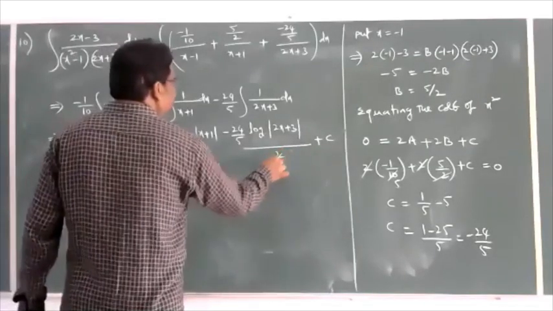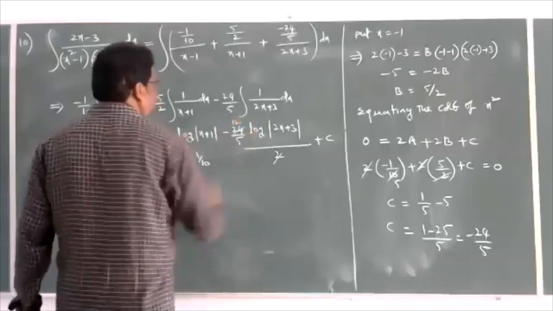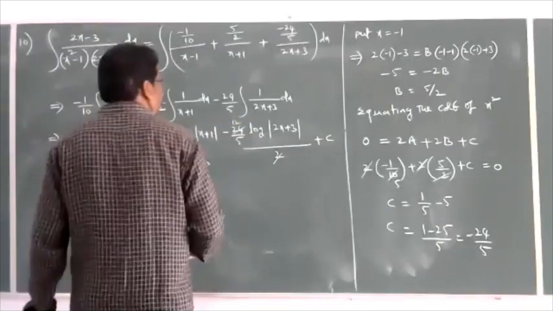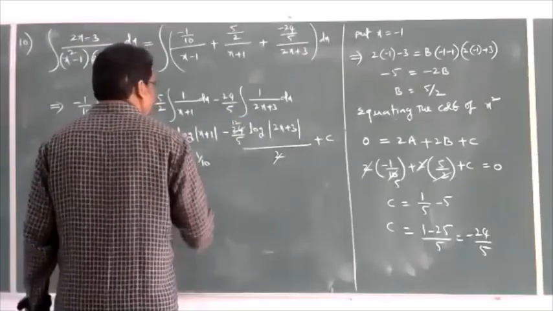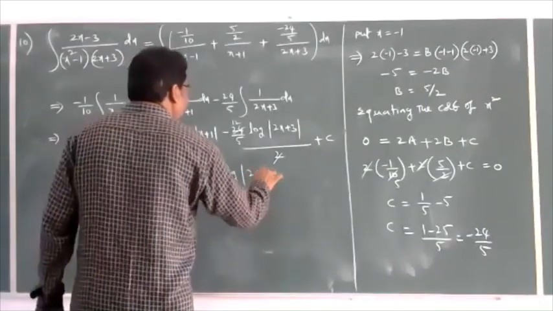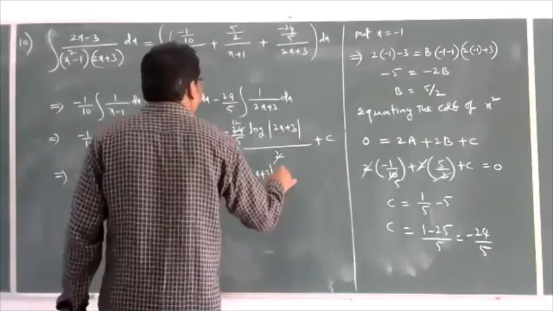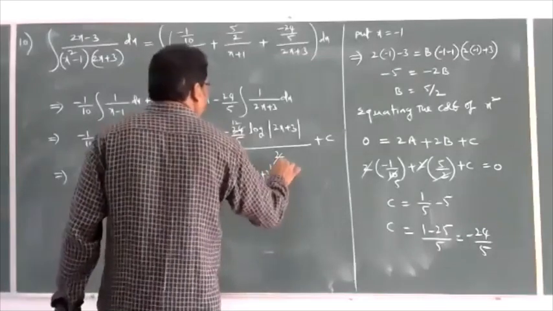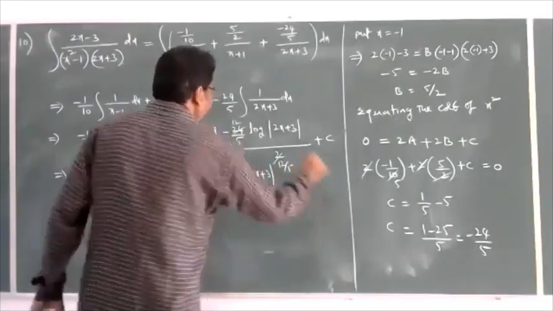Here the 2 cancels in 24, 12 times, minus log mod 2x plus 3 whole power 12 by 5, plus c.